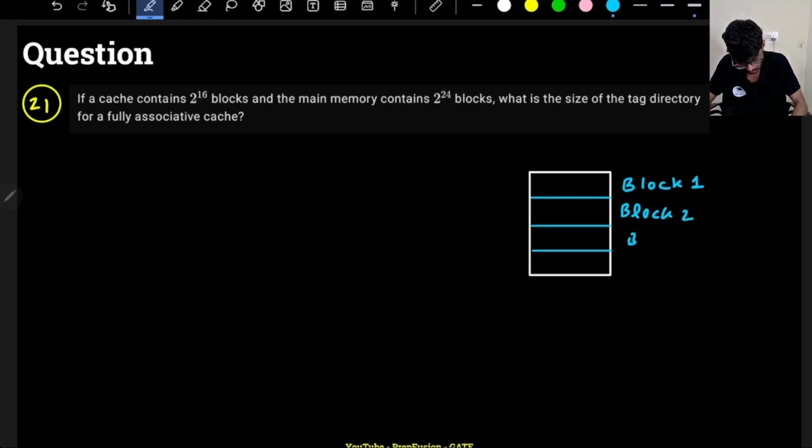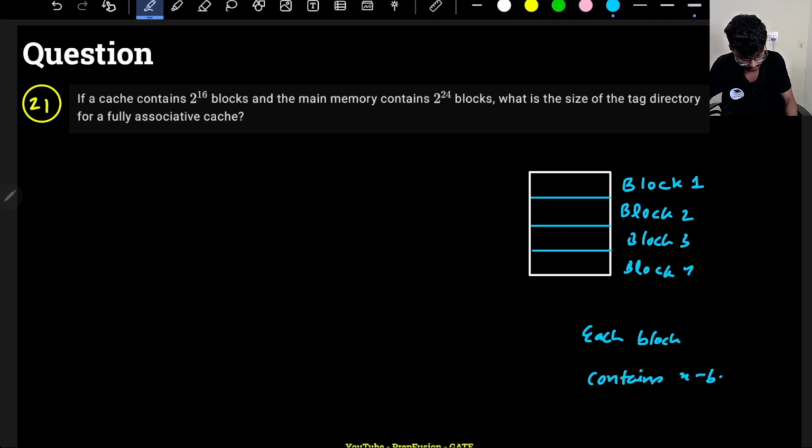Now I don't care what the byte offset is. Each block can contain 4 bytes or 8 bytes, I don't care. Let's assume each block contains x bytes.